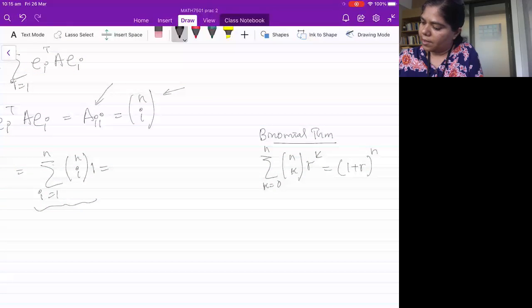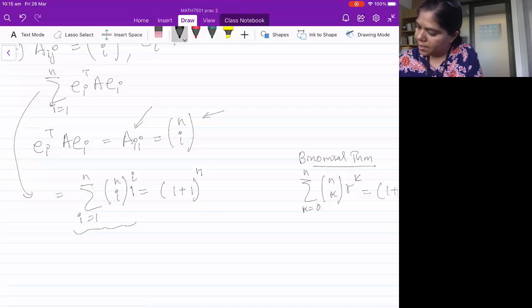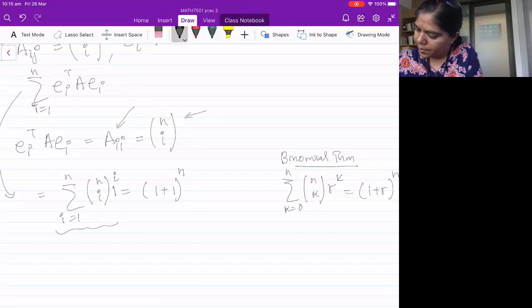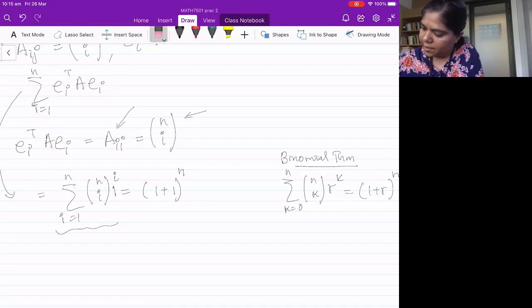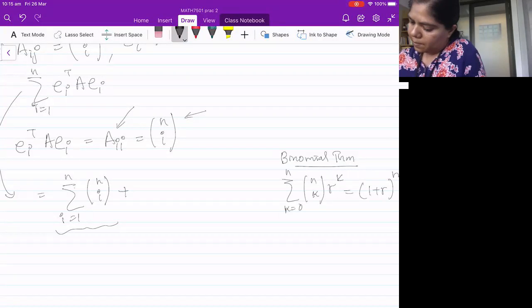So it's 1 to the power i, which is 1. And this is equal to (1 plus 1) to the power n. Okay. Oh, I missed one term. This is i equals 1, and there will be another term. If I start the series, then i equals 0.